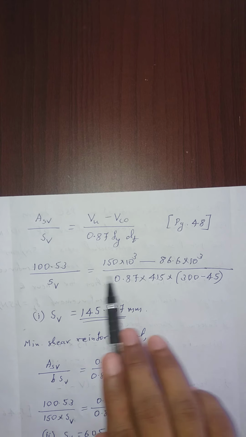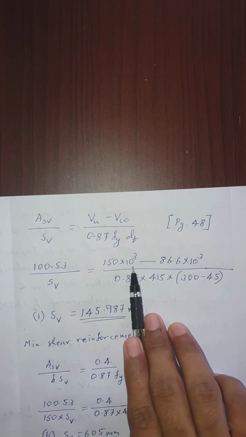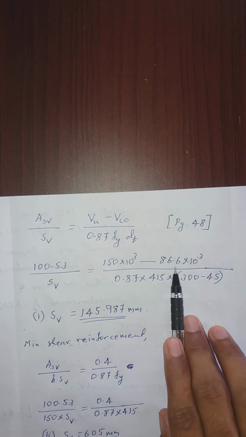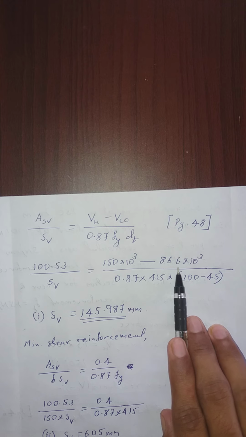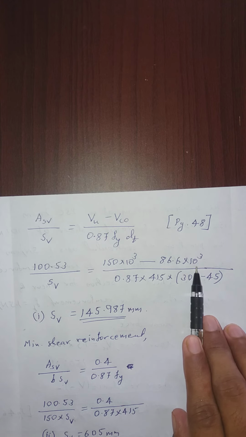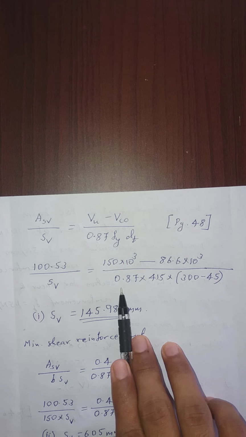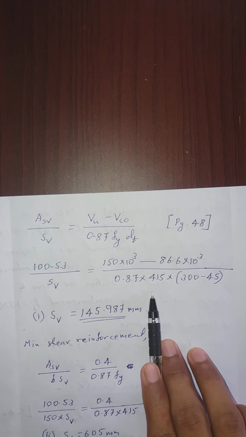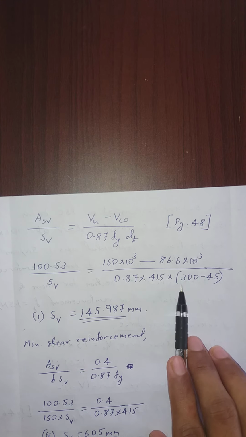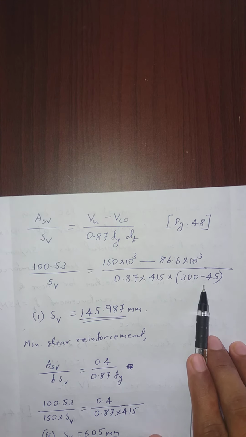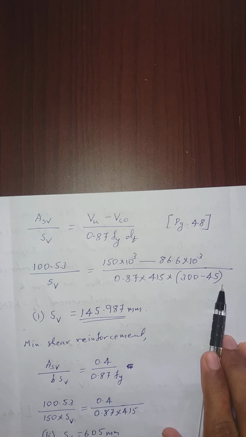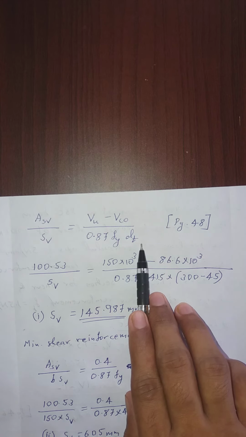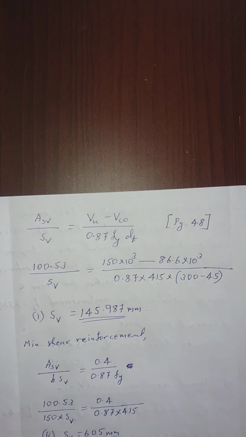So 150 into 10 raised to 3, that is the acting ultimate shear force, minus 86.6 into 10 raised to 3, which you calculated, divided by 0.87 into Fy. They have not given it, so if not given, you can assume 415, multiplied by 300 minus 45, because dt is the distance from the tendon to the top fiber, the effective depth.